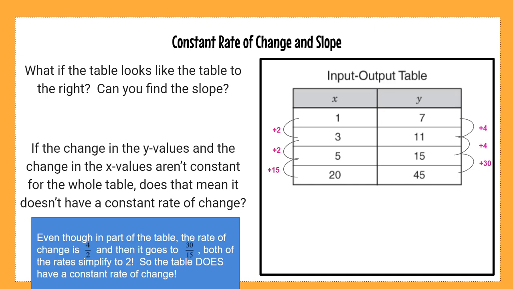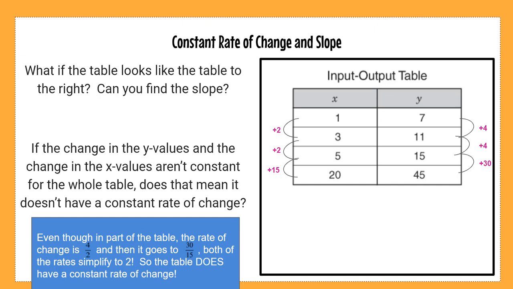So what if the table looks like the table to the right? Can you find the slope? Well, the change in the y values and the change in the x values aren't constant for the whole table. Does this mean it doesn't have a constant rate of change? Well, remember what we talked about before. I can write those common ratios, right?